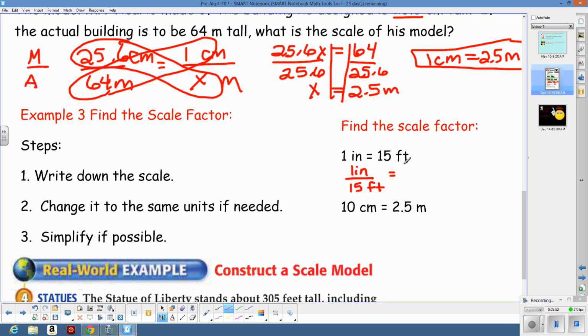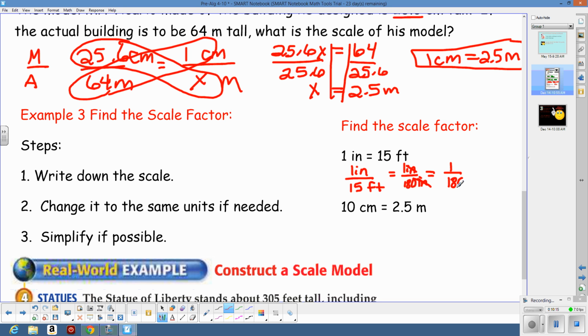15 times 12 is 180. So this is really equal to 1 inch over 180 inches. Now, since these are both in inches, the labels cancel out, and the scale factor is 1 over 180.